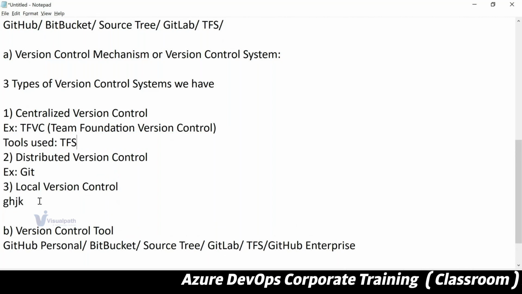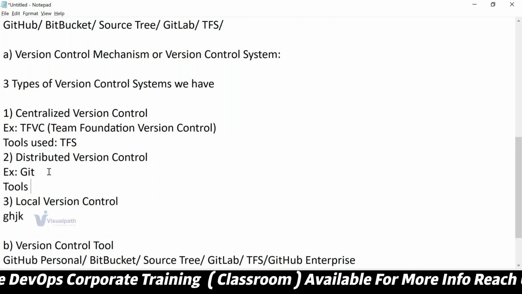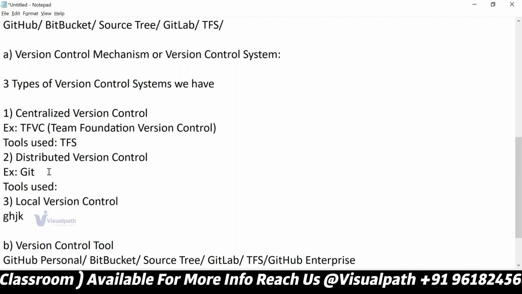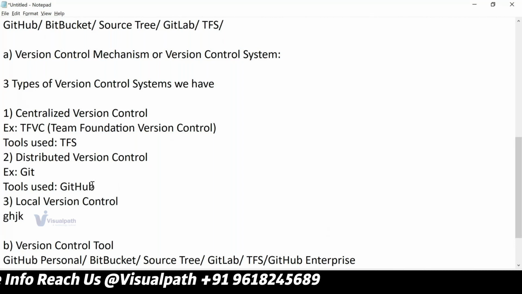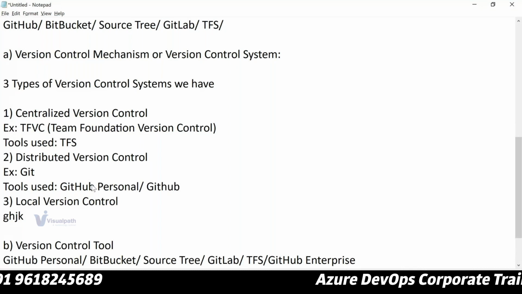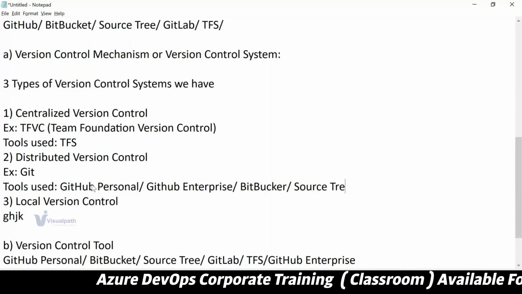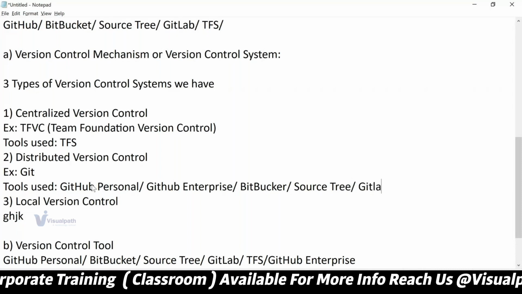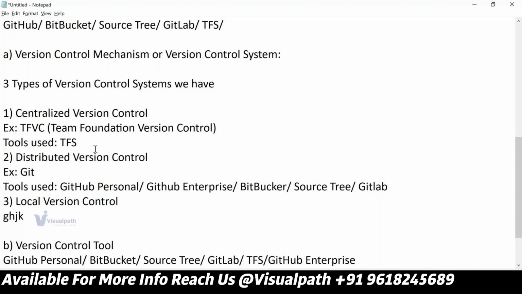And if you ask what software you are going to use for the implementation of distributed version control, it is GitHub Personal, GitHub Enterprise, Bitbucket, Source Tree, or GitLab, and we have more actually, but I'm just limiting to a set here.